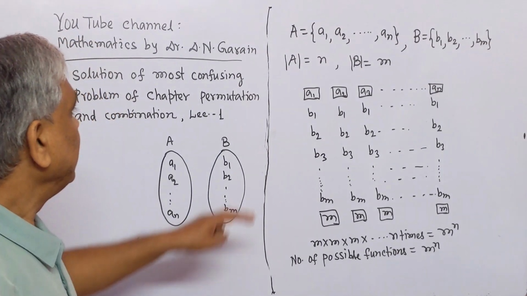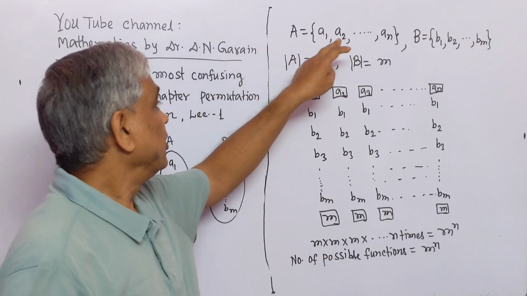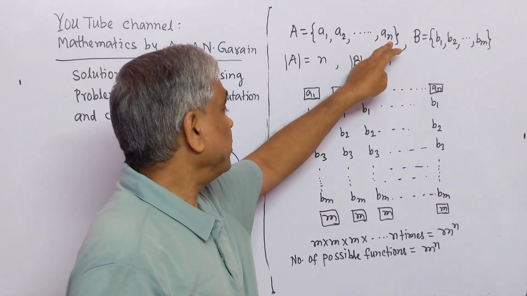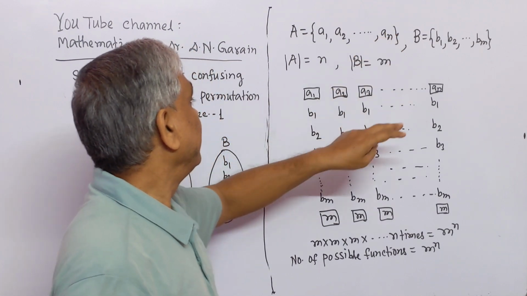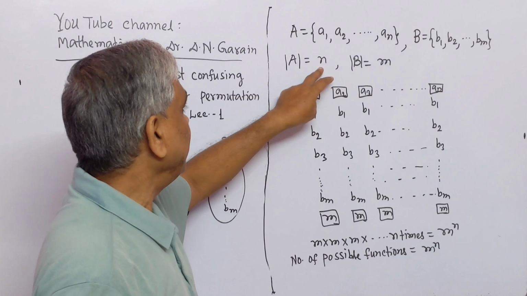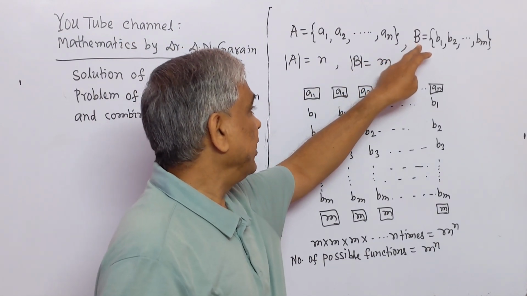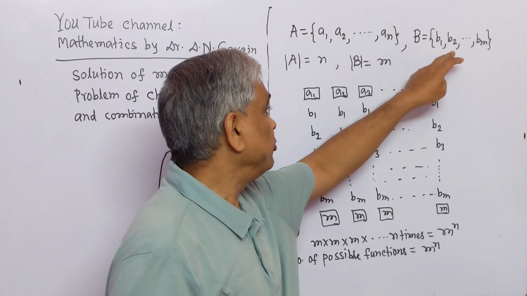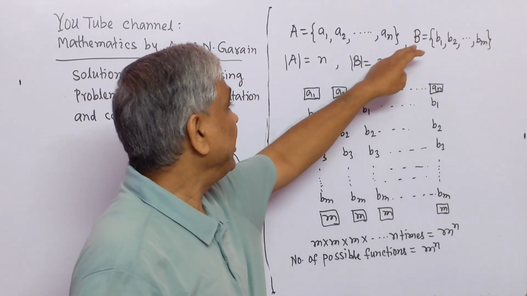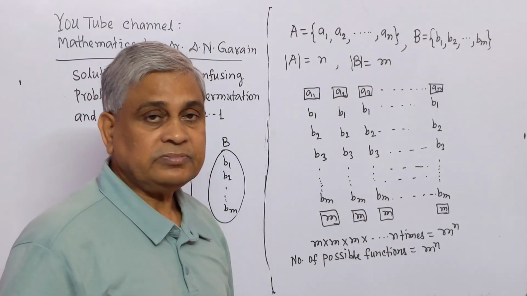Now let A be a set containing elements a1, a2, up to an. Therefore, the number of elements in A equals n, and the set B contains elements b1, b2, up to bm. The number of elements in B is m.